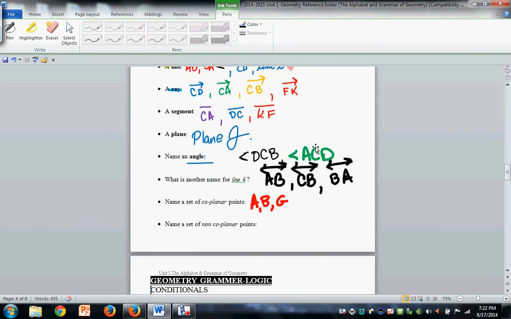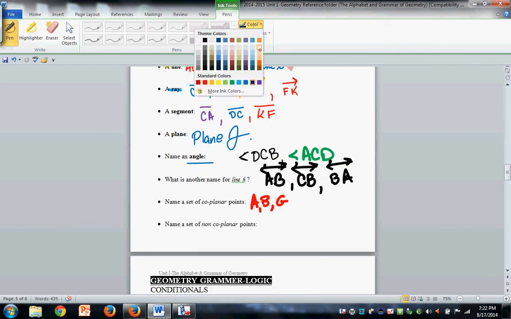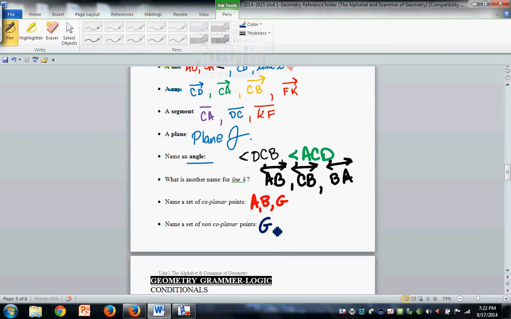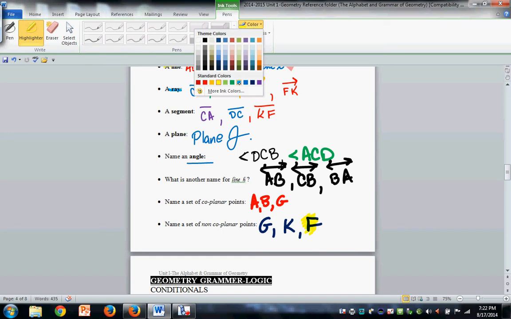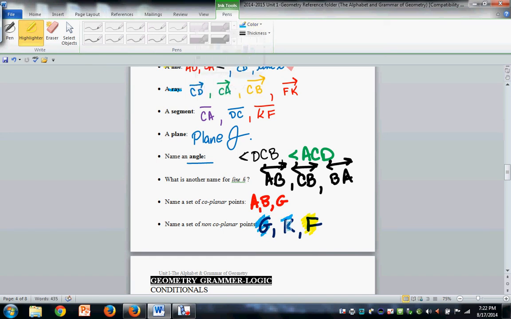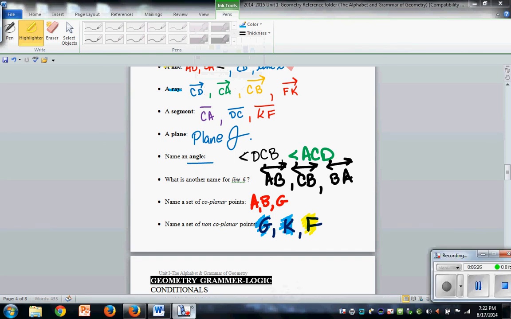So as a set, GKF would be considered non-coplanar. GKF. And the reason is because F is not on the same plane as G and K. So as a set, they would be considered non-coplanar.